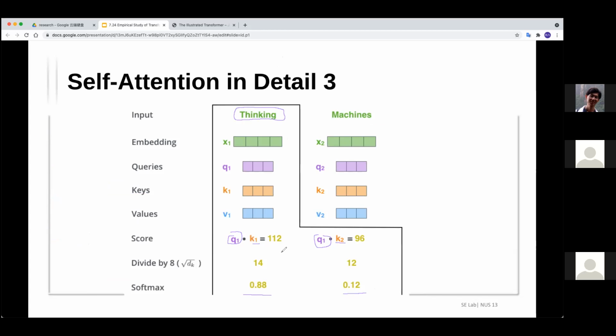Just remember what I talked about with the database. You compute the similarity between the query and the key and get a similarity score. You can also call it the relativeness score. This score means how similar thinking is to its own word and to the word machines. Okay.